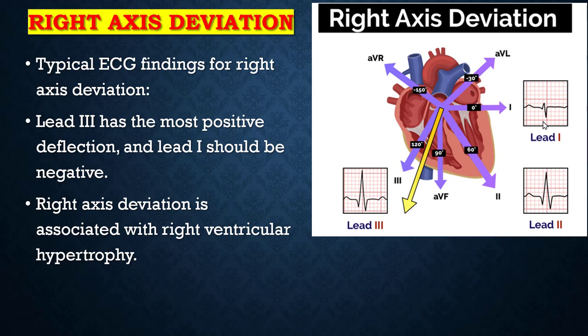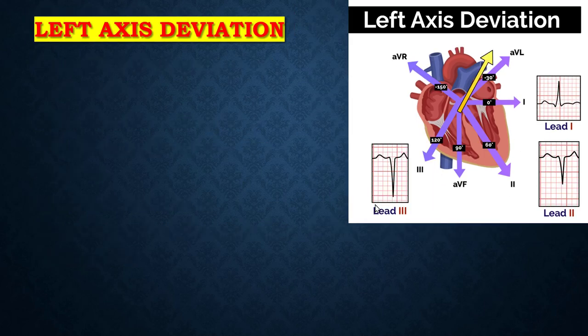Right axis deviation is associated with right ventricular hypertrophy. When you see this type of finding on the ECG graph, where there is more upward deflection in lead 3 and downward deflection in lead 1, it is right axis deviation.